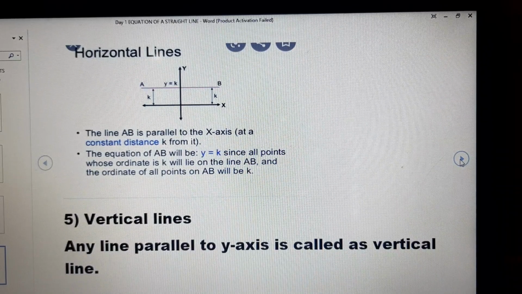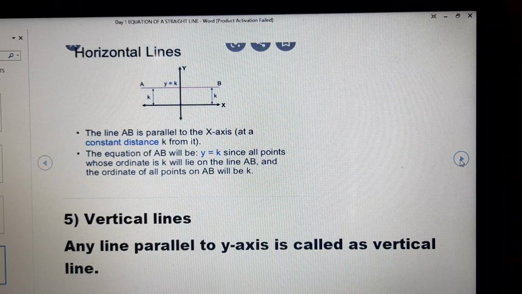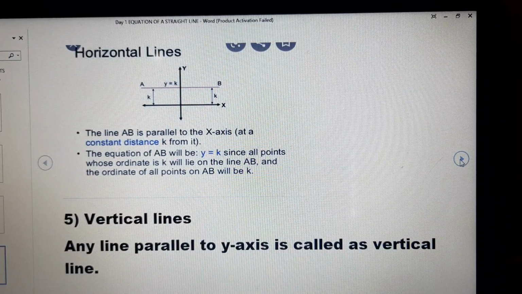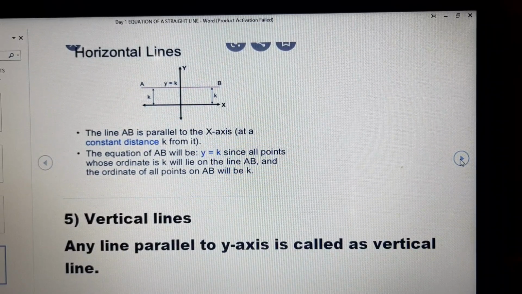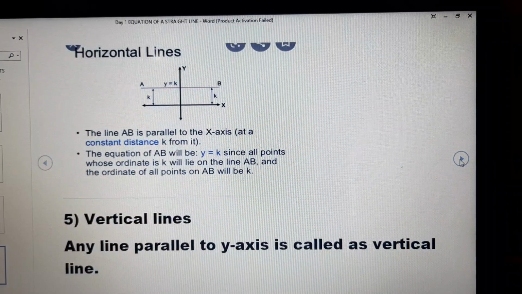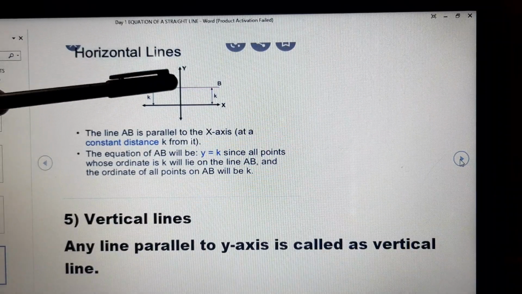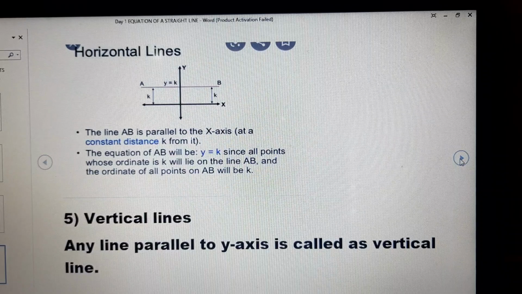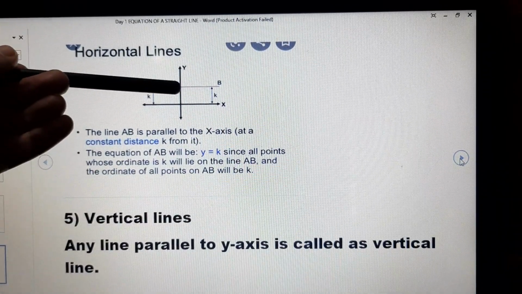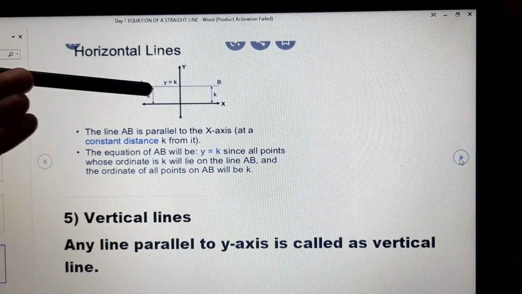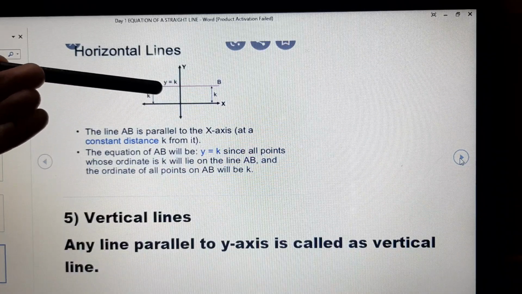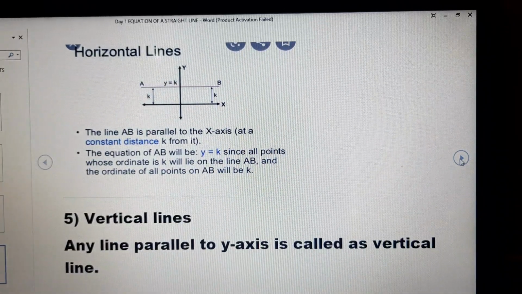Because it is parallel to the x-axis, the equation of this line will be y is equal to b, and that b will be the portion cut by this line segment on the y-axis. Suppose it is cutting 3 units above the origin, then the equation becomes y is equal to 3.